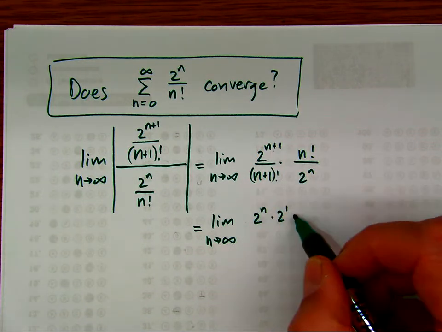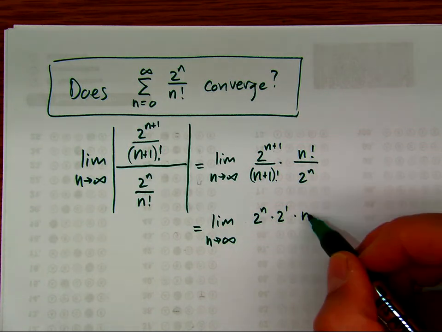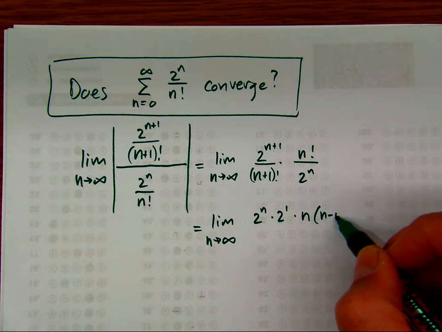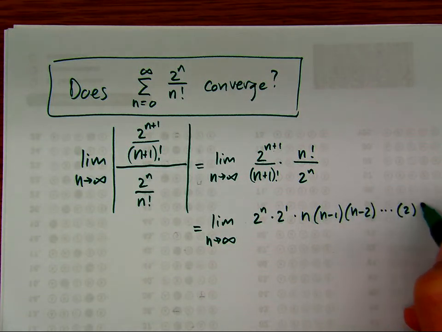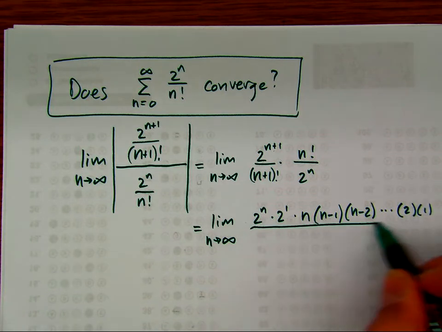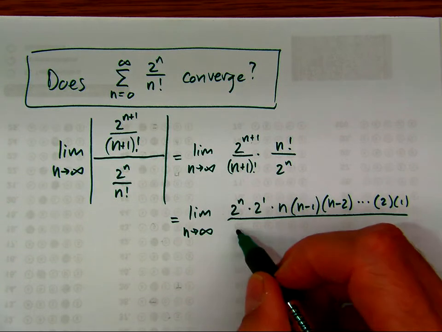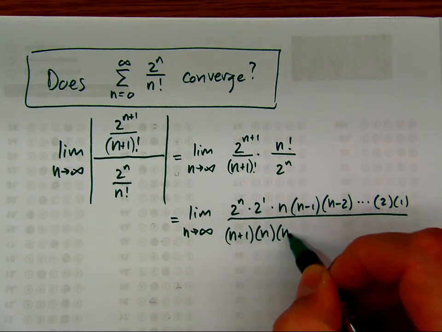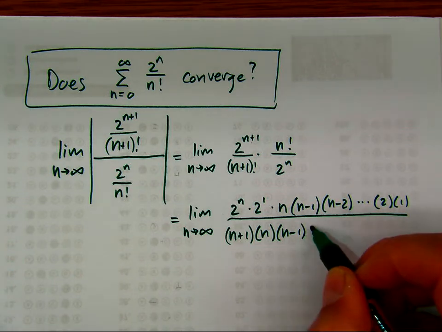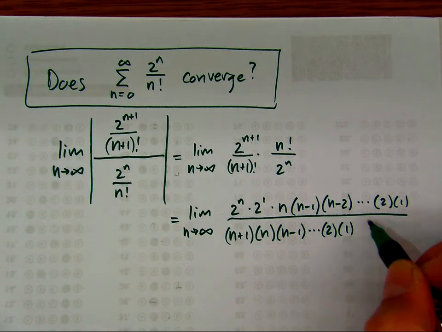And then let's write n factorial, which is n times the number below it, times the number below that, etc., 2, 1. Here we have n plus 1 factorial, n plus 1 times the number below that, times the number below that, and times 2 times 1 all the way down, and a 2 to the n.